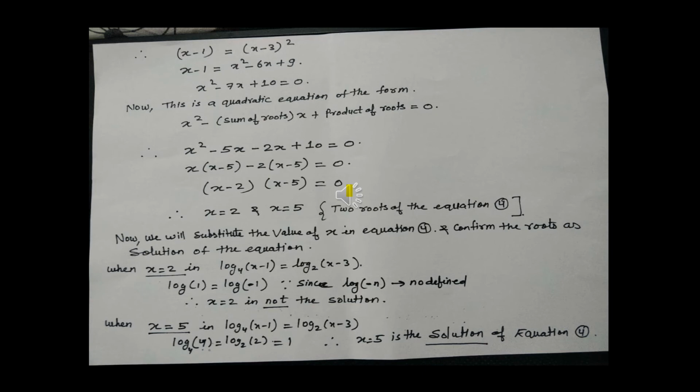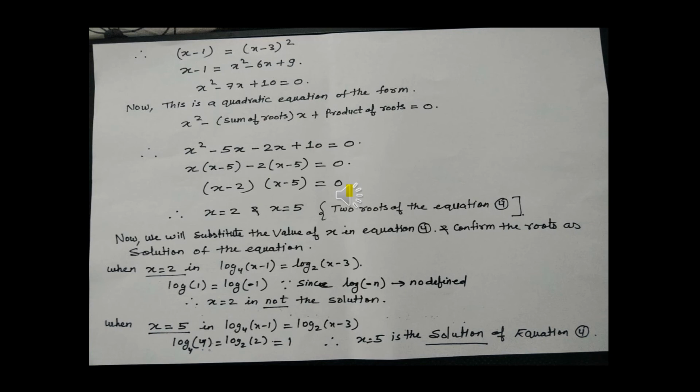Now in questions of log, we always put the value of x in the question asked and confirm the solution of the equation. So when we put the value x is equal to 2 in equation number 1, we get log 1 is equal to log of minus 1.